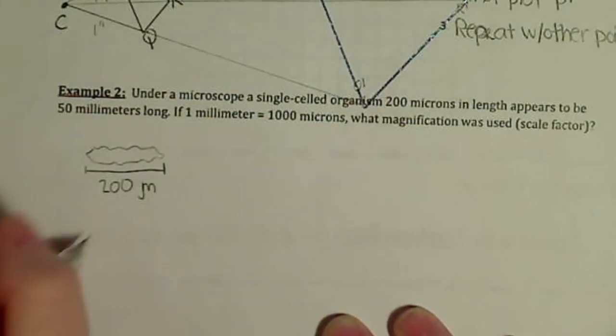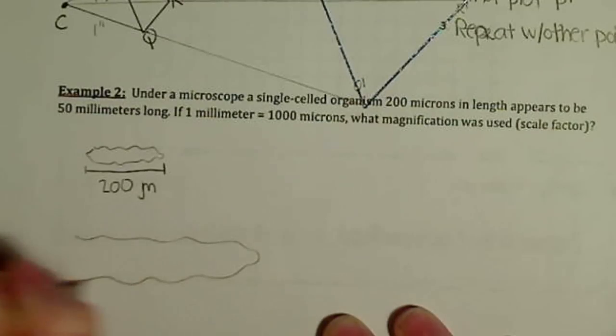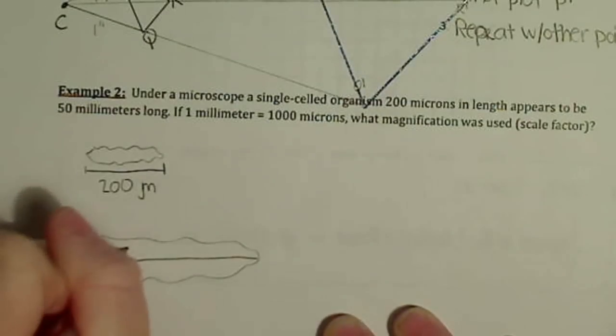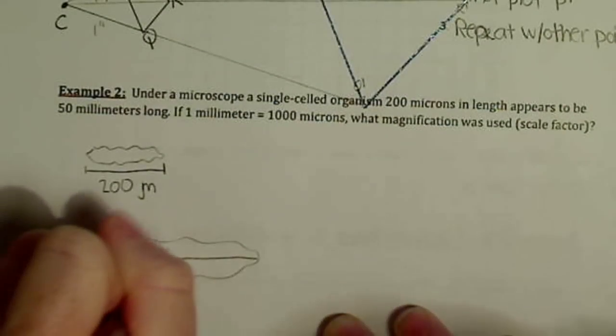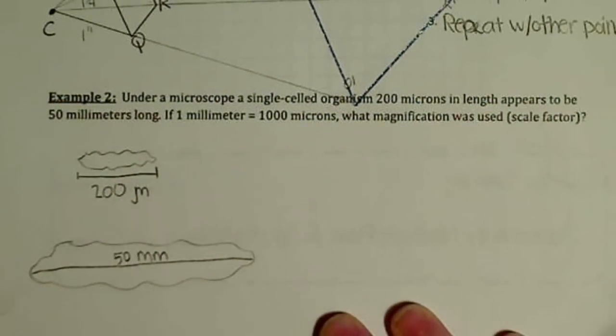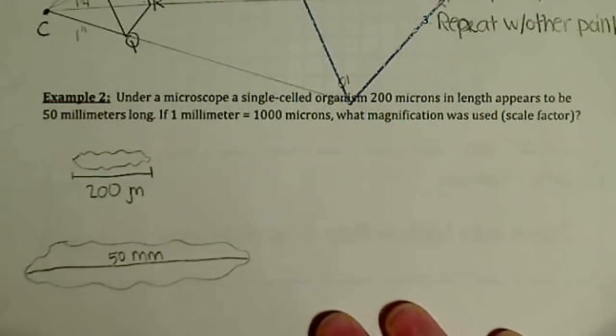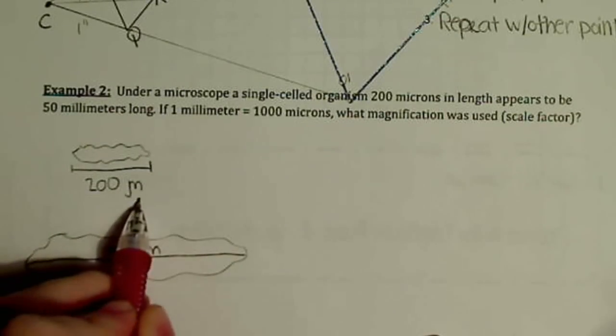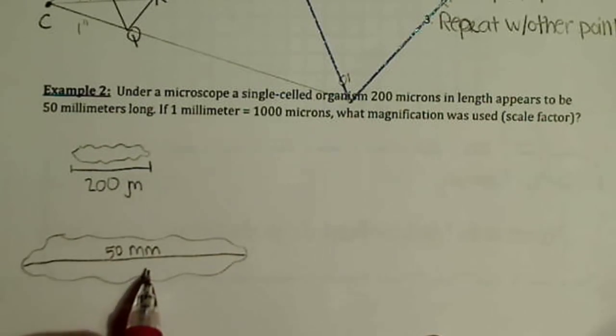I am looking at it in a microscope, and in my microscope, it appears that it is now 50 millimeters long. So that's a big increase. But how much of an increase? Well, in order to find the scale factor, I have to have the same units. Right now I have microns and millimeters.